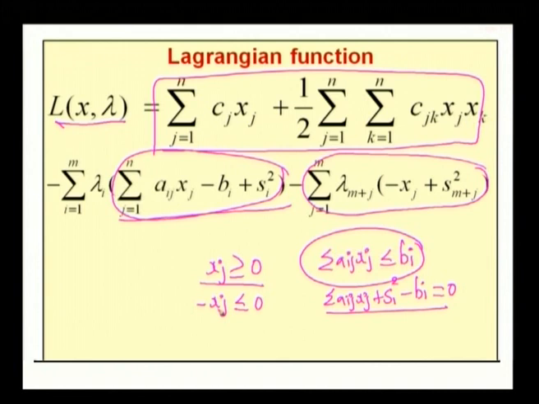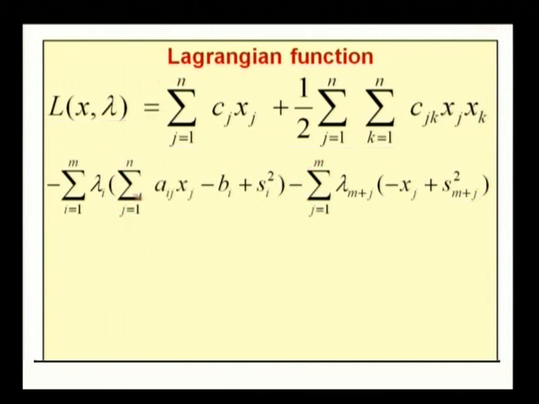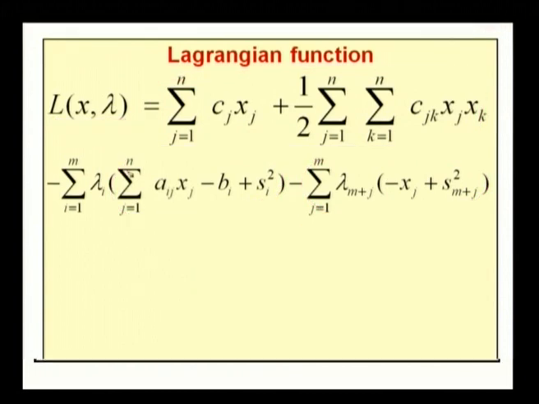By introducing a slack variable s squared m plus j, this can be written as minus xj plus s squared m plus j equal to 0. Therefore, the corresponding term in the Lagrangian function is summation lambda m plus j into minus xj plus s squared m plus j. So, the Lagrangian function for the given quadratic programming problem is listed above.